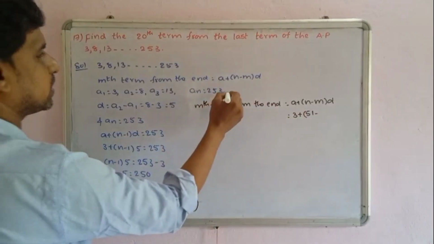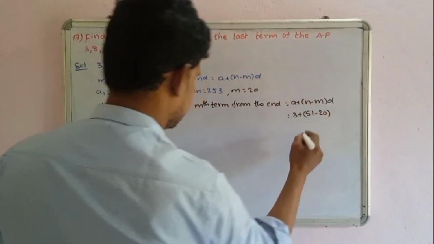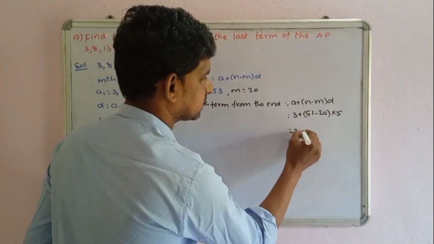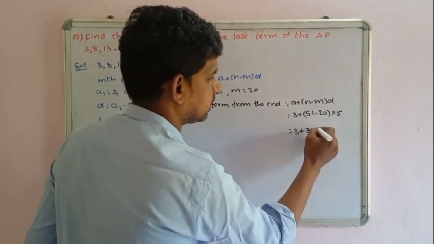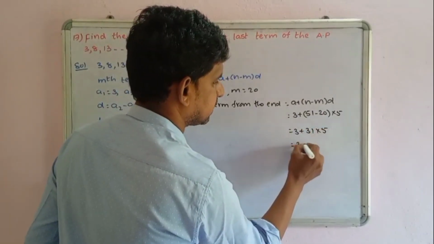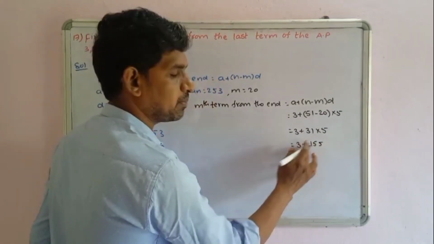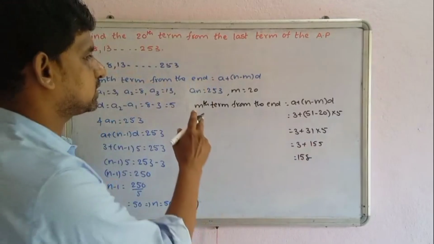So m equals 20, d value 5. So 3 plus 51 minus 20 is 31 into 5. 5 ones are 5, 5 threes are 15. So 3 plus 155 is 158.